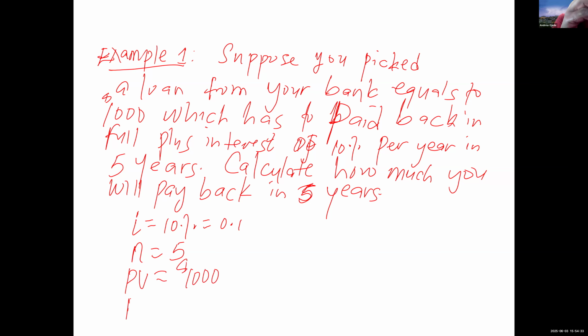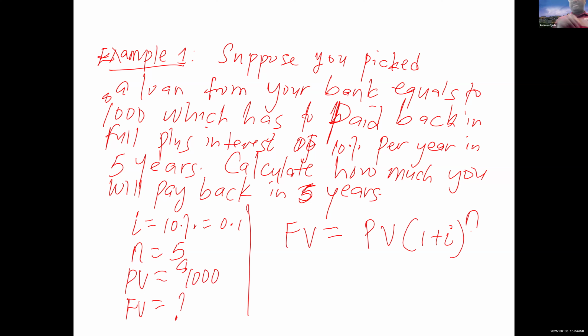So what we have been asked here is to calculate the future value, because that's how much you're supposed to pay back in the future in full amount. So you're just going to apply that formula. The formula says future value equals present value times (1 plus i) raised to the power n. Since we're calculating future value, we want to make future value the subject.